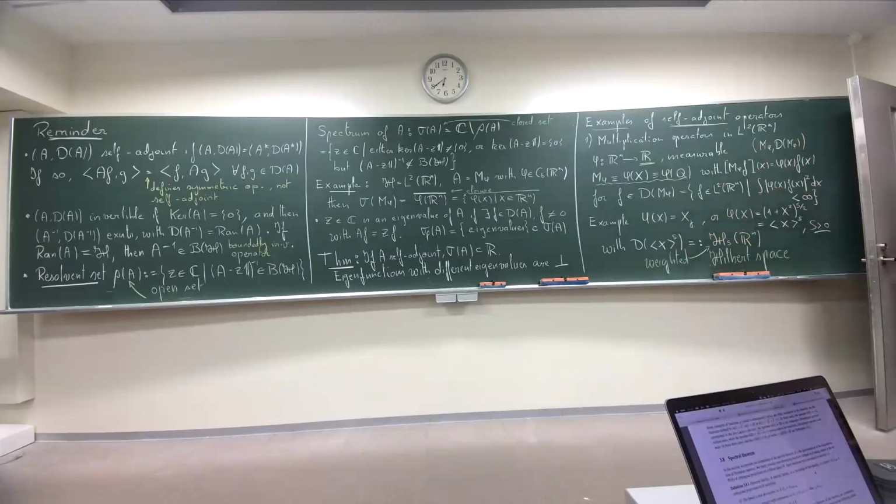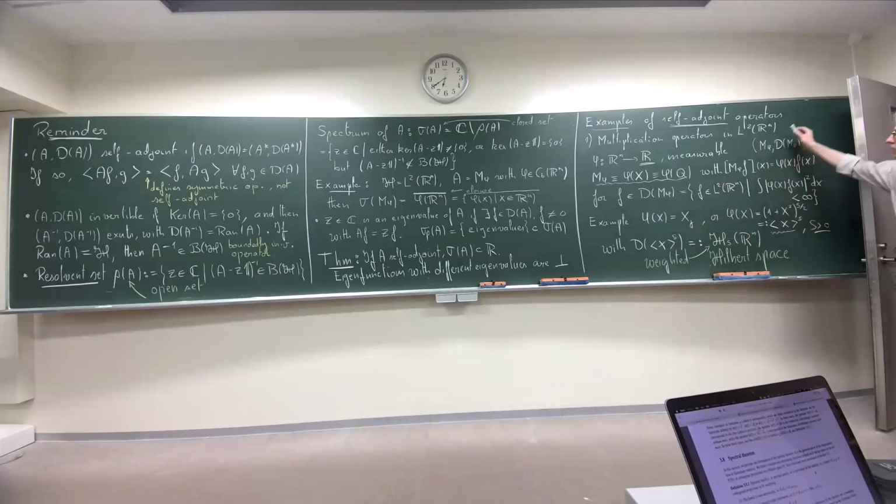An example: take just phi of x equal to multiplication by one variable, xj. This satisfies everything, it's real. You can define its domain. Or take, and this is more important, the function 1 plus x squared, so this is x1 squared plus x2 squared plus x3 squared, and so on, to the power s over 2. Quite often we use this notation, a bracket, called the Japanese bracket, for this function. This is a definition.